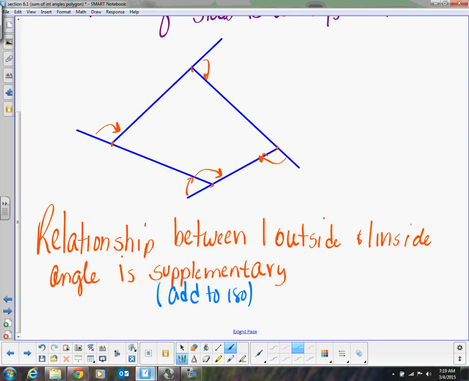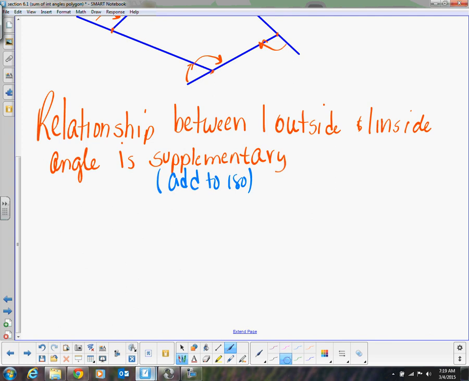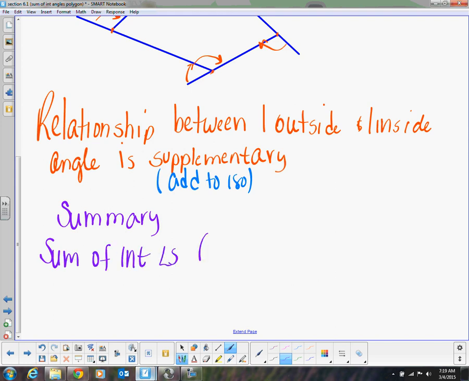All right. So I'm going to do a summary here. What we know so far. Sum of interior angles: N minus 2 times 180. Sum of exterior angles. What is it? 360.